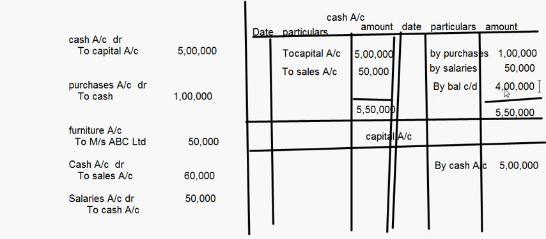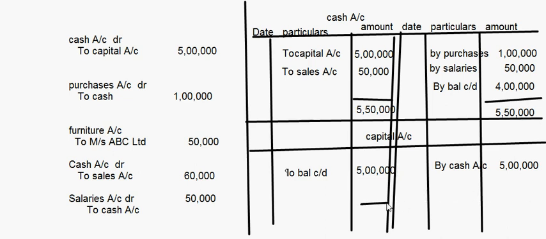So this is by balance carried down, and for every account we will have to do this. In this capital account, there is nothing here, so you will have to balance carried down, right? And here this will be the whole amount, that will be your balancing figure, and on both the sides the total will be 5 lakh.